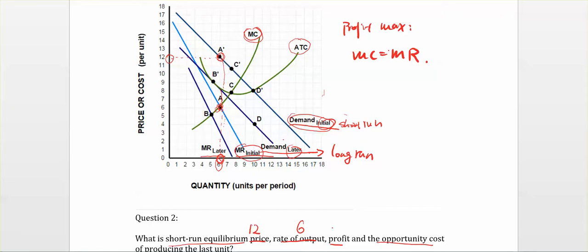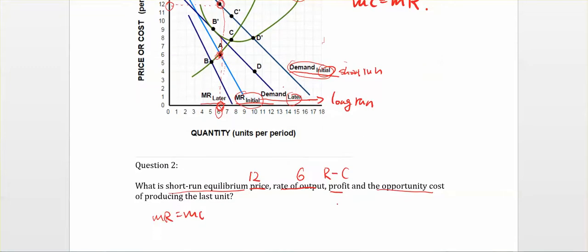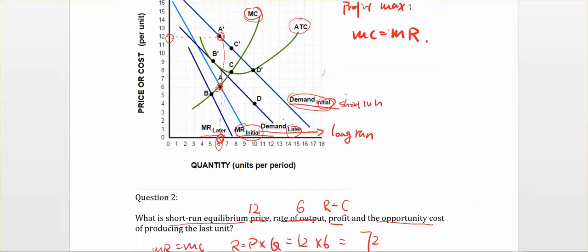How about the profit? The profit is equal to the revenue minus the cost. The revenue equals the price times the quantity. We already know the price is 12 times 6, so we get 72. How about the cost? The cost equals average total cost times the quantity, which is what we learned in the textbook. So what is the average total cost when the output is equal to 6?